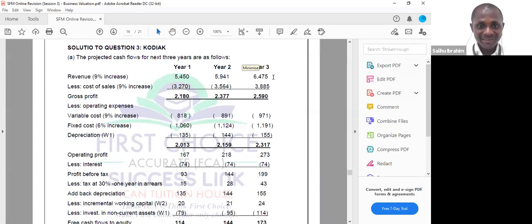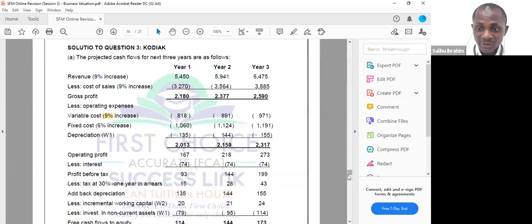I understand now. I said yesterday this is supposed to be 50%, not 9%. So this one here is 50%. Go and check the question. You see that it's supposed to be 50% as against the 10% that you have there.